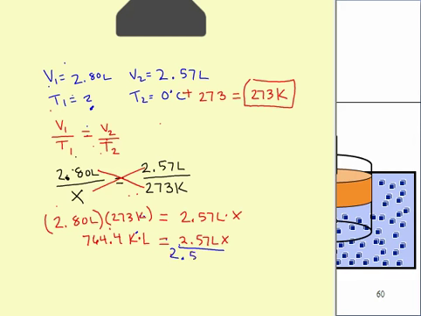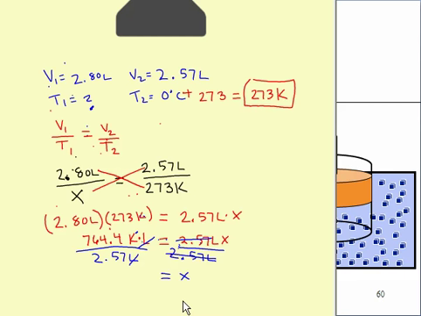So I'm going to divide by 2.57 liters on both sides. Now we see my units of liters cancel out, and on this side of the equation, my numbers and my units cancel out because anything divided by itself is 1.